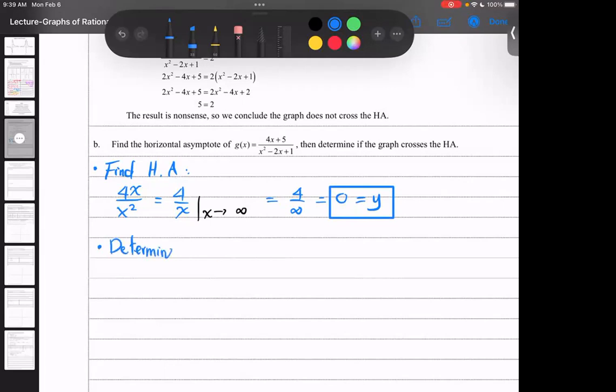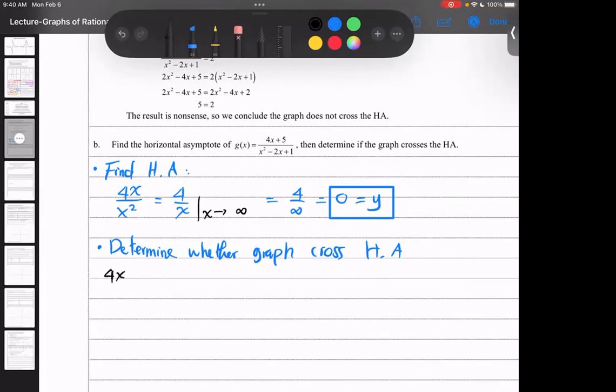We're going to use the original function and set it equal to the HA, which is 0 here. So 4x plus 5 over x squared minus 2x plus 1 equal to 0.